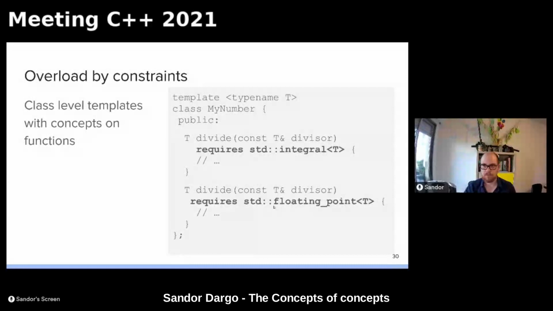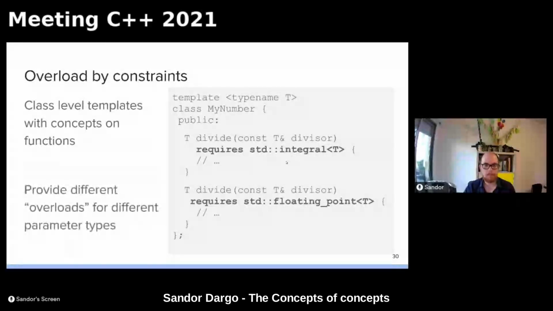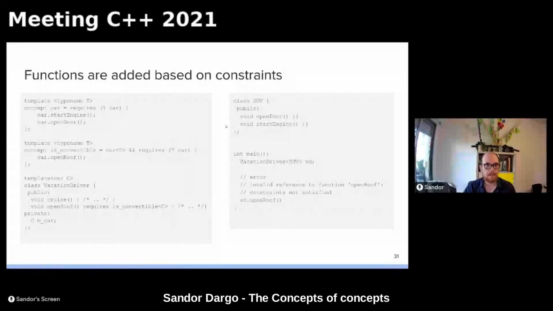This comes quite in handy when you want to specialize your template class's behavior based on some type characteristics, type traits. And I have an example for that. It's a bit longer.